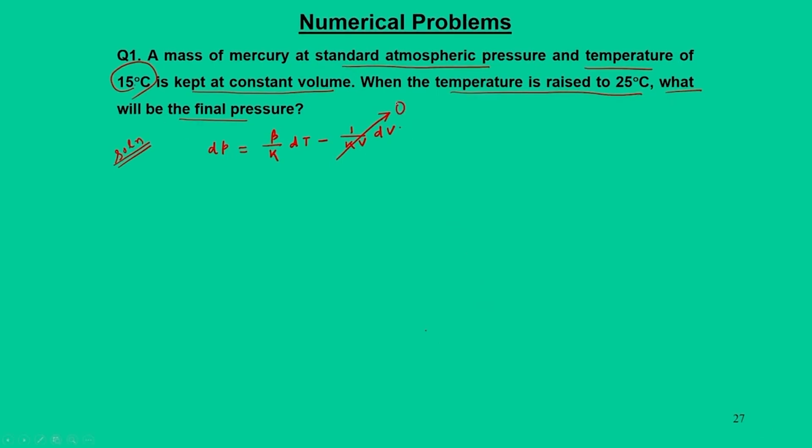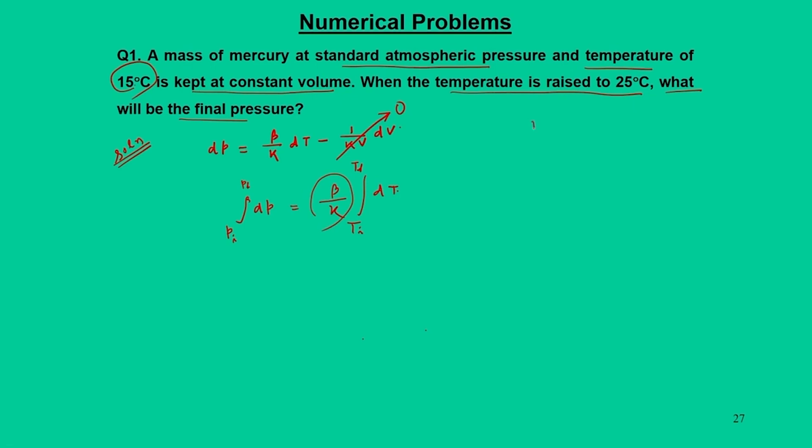Then we can integrate this equation. We can write it as the integration of dP from Pi to Pf, which is equal to β/κ times the integration of dT from Ti to Tf, and we do not know the value of β/κ.